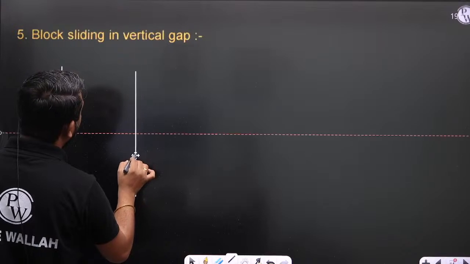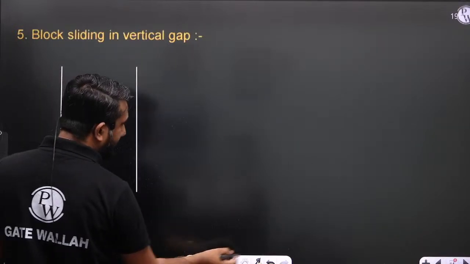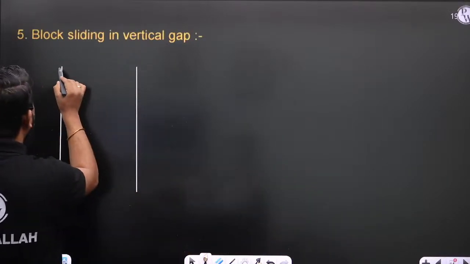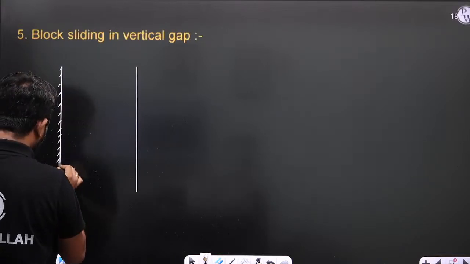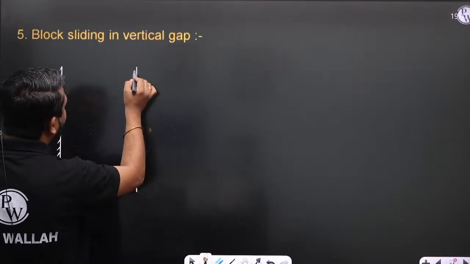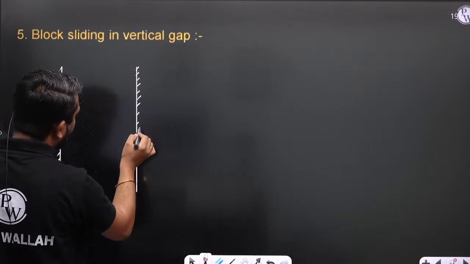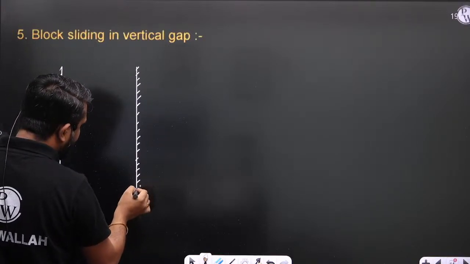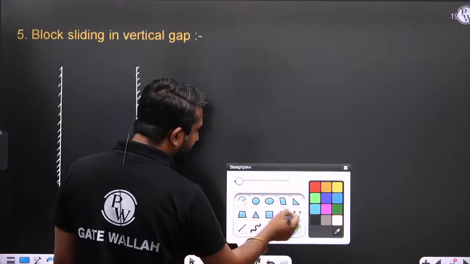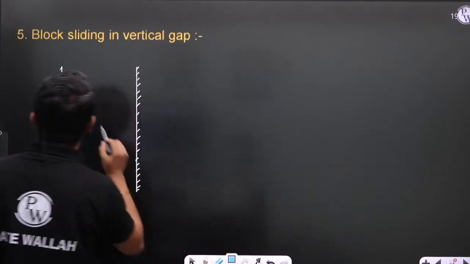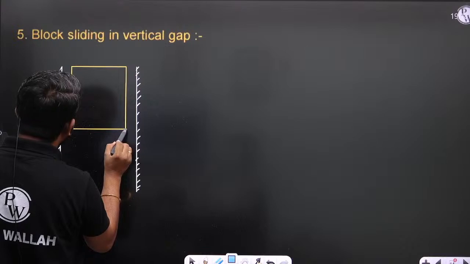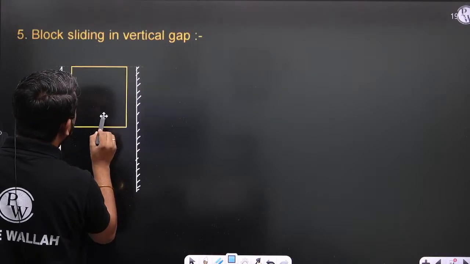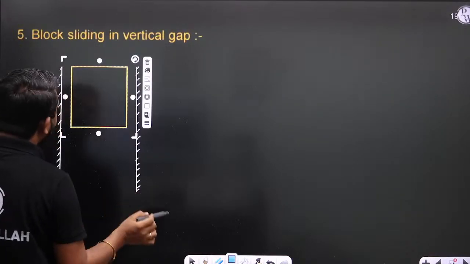This is the vertical gap, and in this vertical gap, a block is sliding. Let us consider there is a block, and this block is sliding.